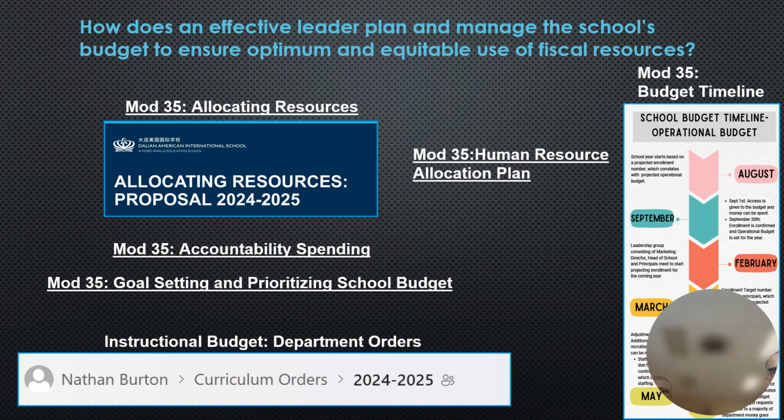But we looked at allocating resources, not only what we're talking about with instructional funds and how we get our department orders, but allocating resources could be something like, do we need to actually hire people to do these jobs? Do we have enough EAL people? Do we have enough support staff? Do we have enough tech people?